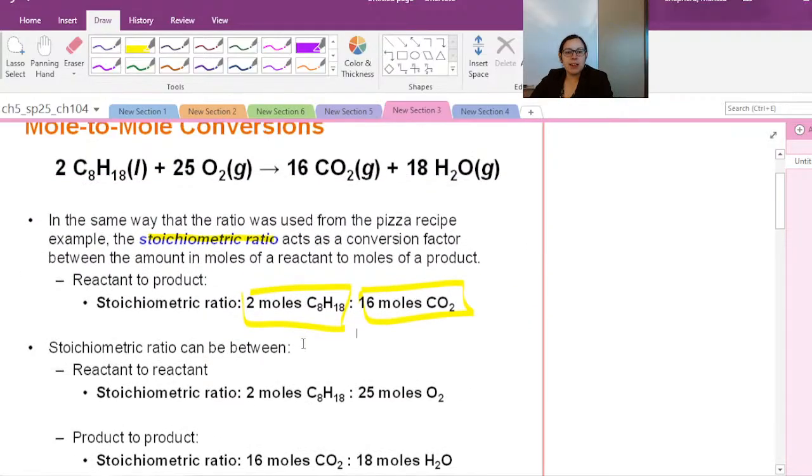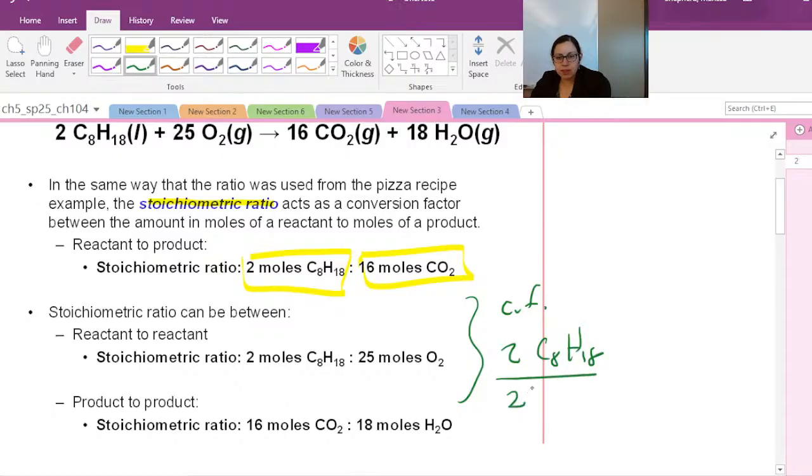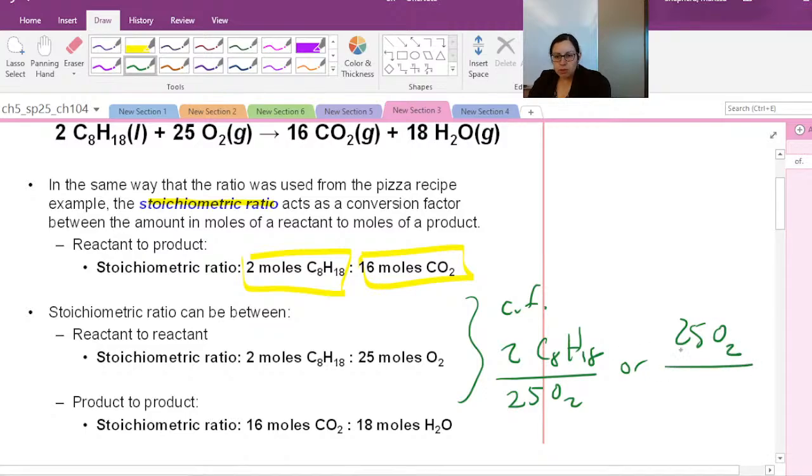It's emphasizing that we can make conversion factors for anything, essentially. I'll just call them conversion factors, and we can write them as fractions, which helps you see this. It doesn't matter how you express them, it's just a relationship depending on which way we're going. We may have to use this in different forms.